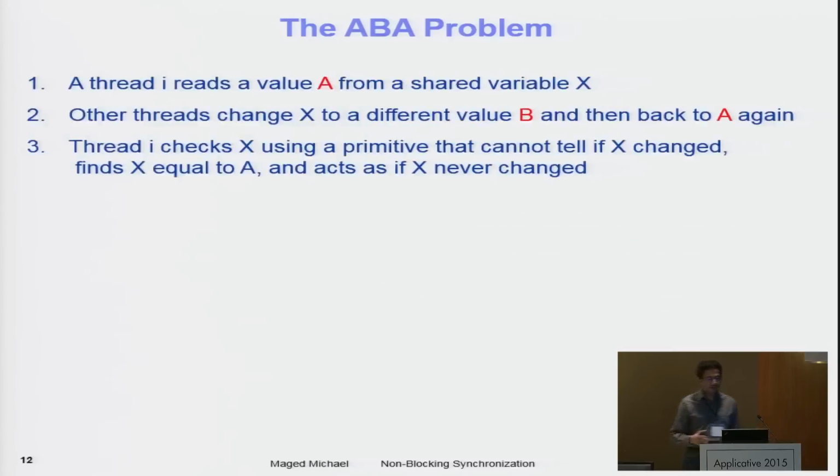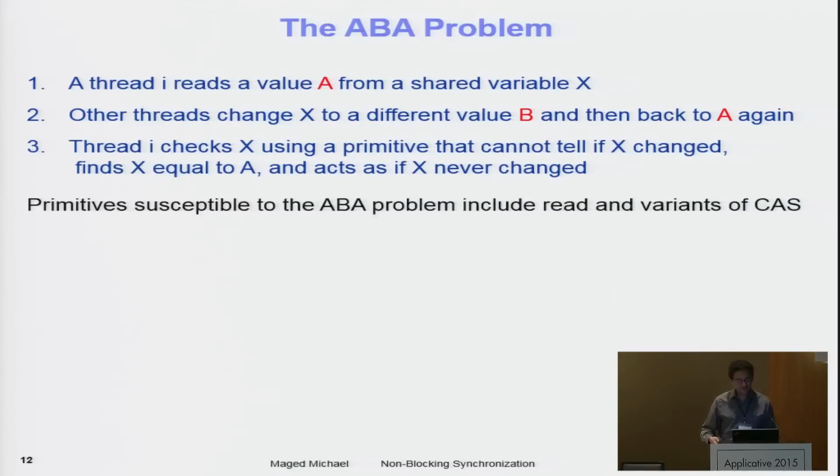So basically this happens when some thread I reads a value A from some shared variable, other threads change the value to a different value B and then change it back to A, and then the first thread wakes up and finds the same value, and it cannot tell if it has changed. The algorithm depends on the assumption that if it doesn't change, then the data structure hasn't changed, and the correctness depends on that.